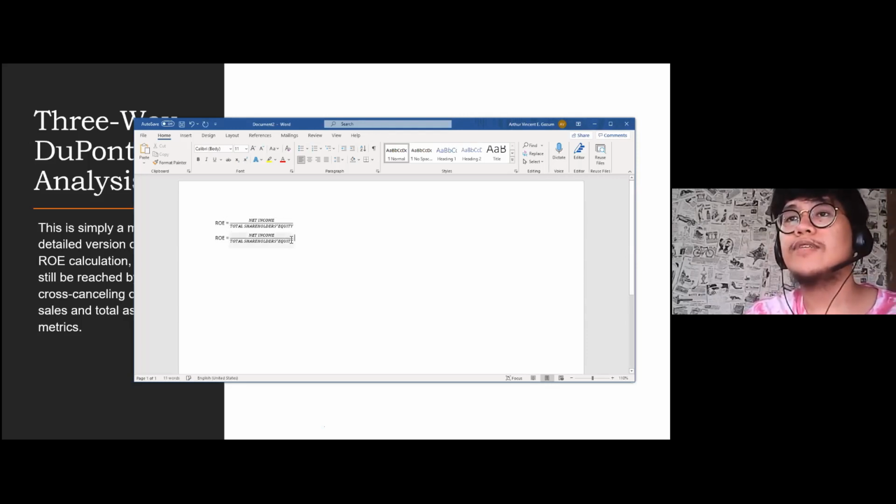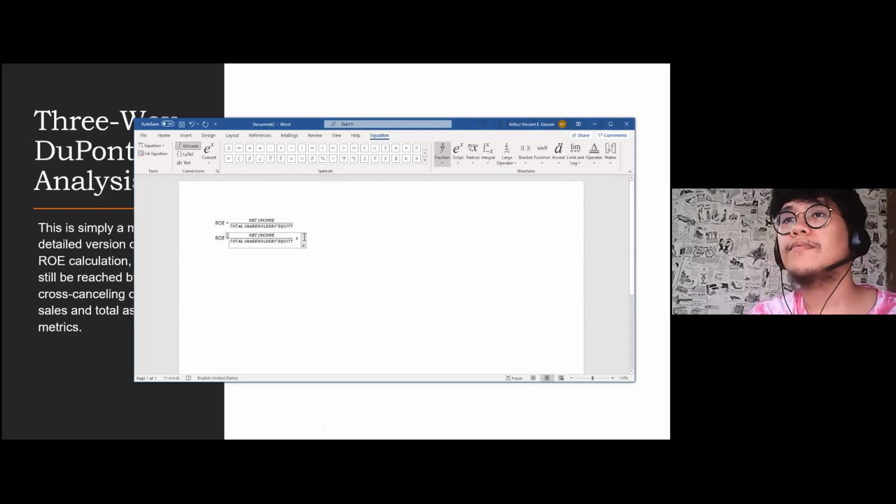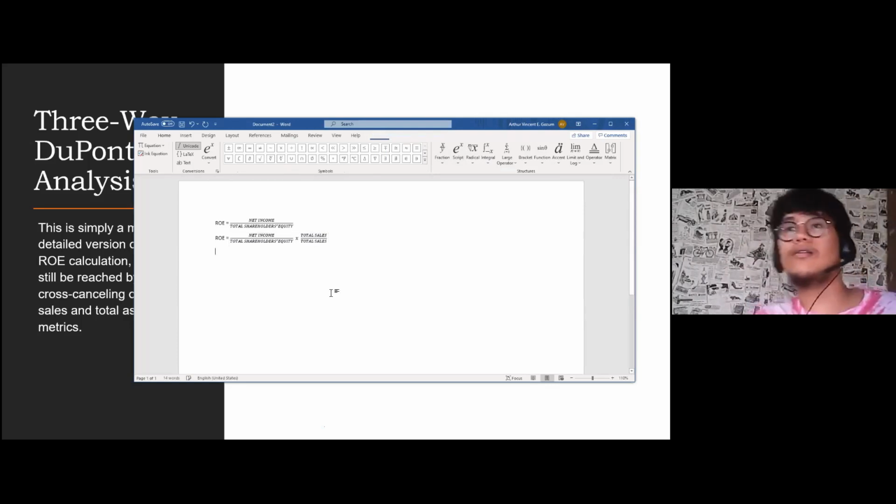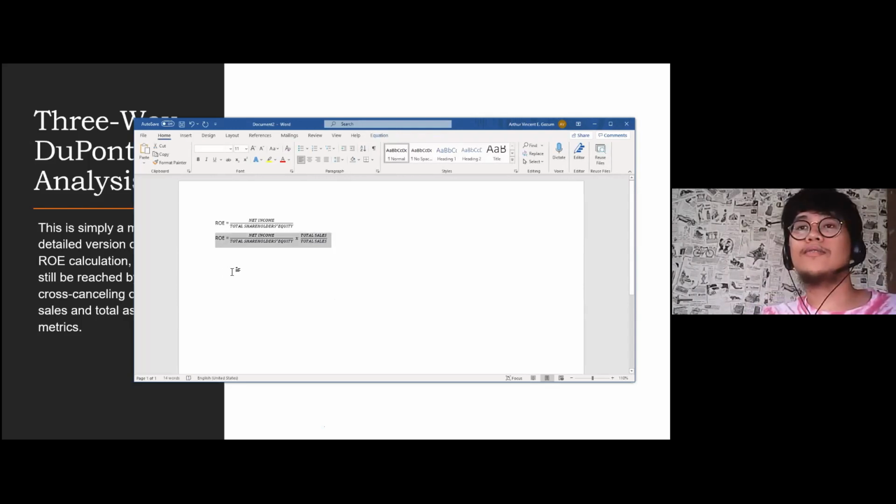Natatanda ng mga students ko? Saan nila minultiply to ulit? They multiply this to, very good. So minultiply nila to sa revenue. Sabihin natin total sales na lang, para hindi malito. Okay? So yan yung first.